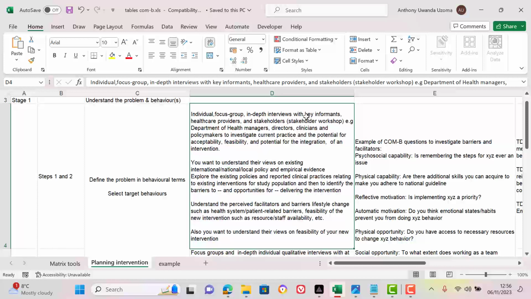Let's say you are looking at relevant interventions for hypertension, or you want to improve the screening rate for malaria in pregnancy. You need to organize a stakeholder workshop.